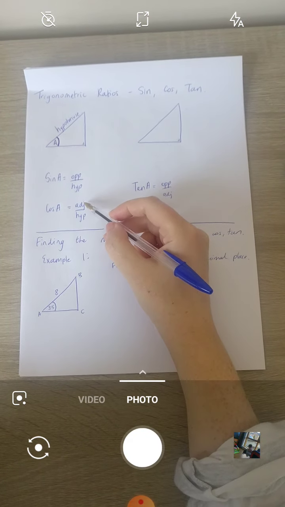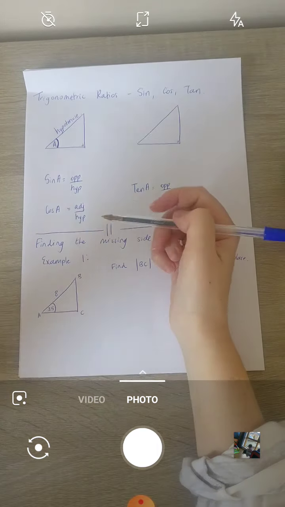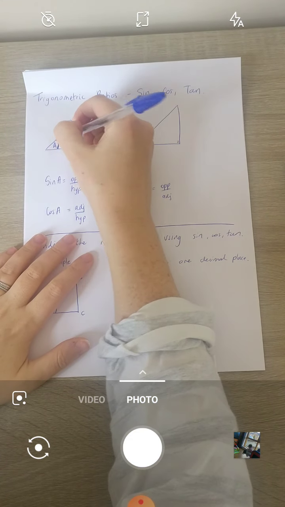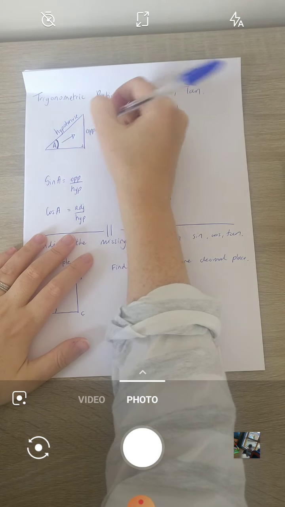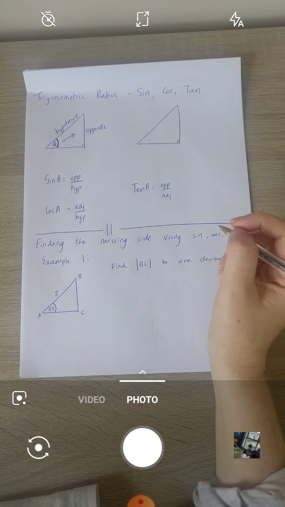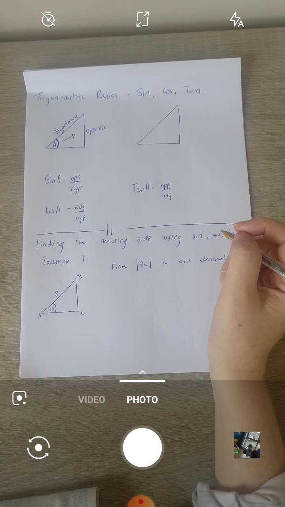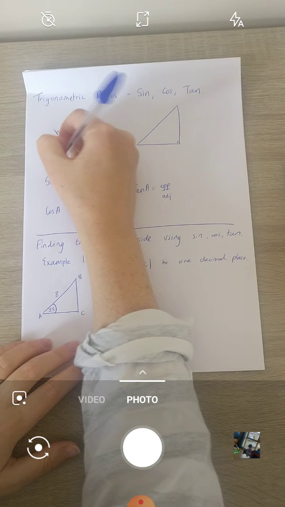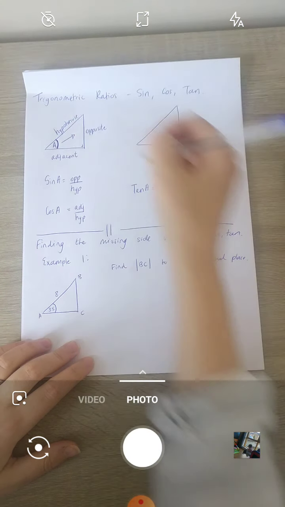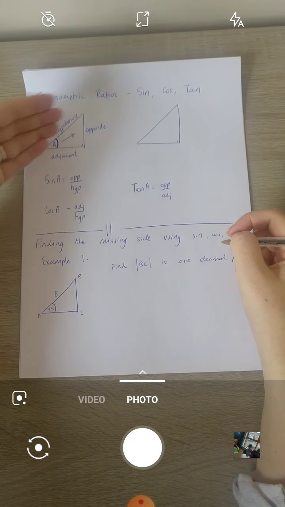The other two sides we're looking for are the adjacent and the opposite. Well, opposite means across. So opposite is going to be the side directly across from the angle in the question, which means that the third side here would be the adjacent, and adjacent means beside the angle.